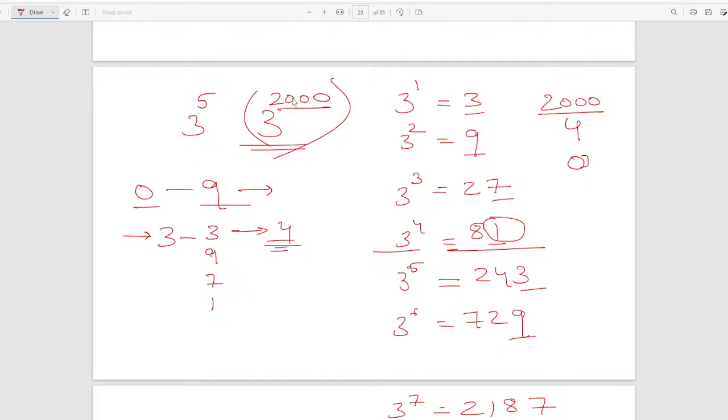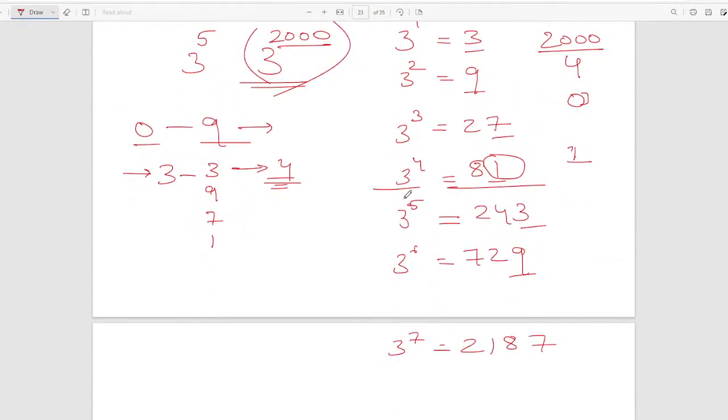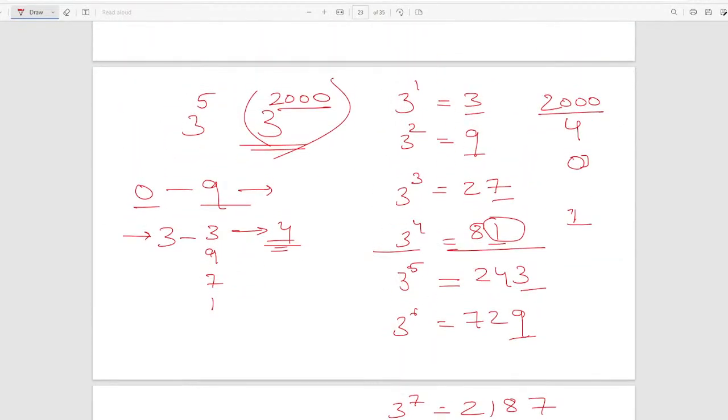So 3 to the power of 2000's units digit will be 1. I hope this is clear. We'll cover each digit from 0 to 9 like this. If this is clear, please let me know. If you have any doubt, at least for this explanation for 3.